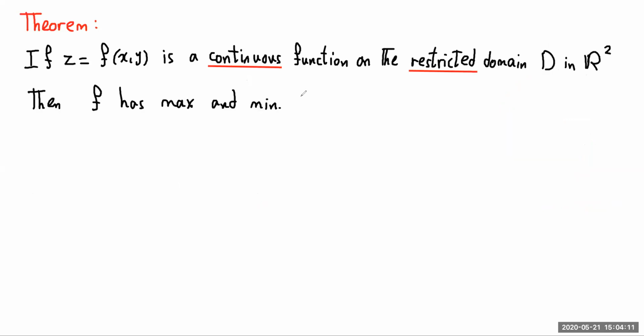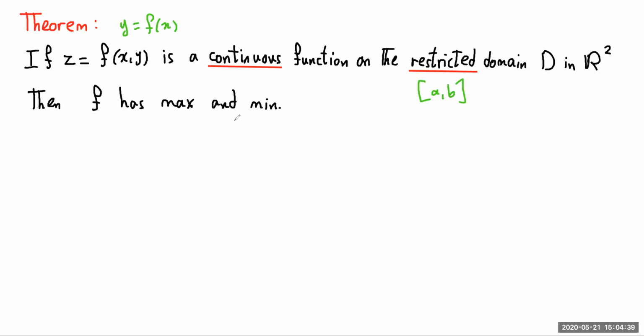So, theorem. Now, if a function in two variables is continuous on a restricted domain, then the function has a maximum and minimum. This theorem is similar to the theorem of a function in one variable, that if the function y equal f(x) is continuous on the closed interval [a, b], then the function f has a maximum and minimum.